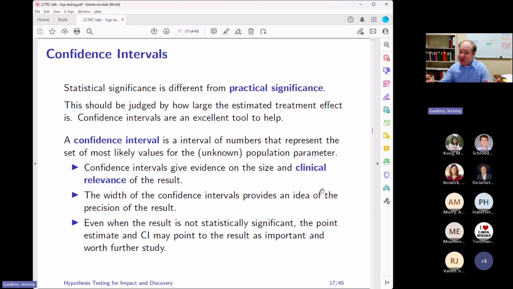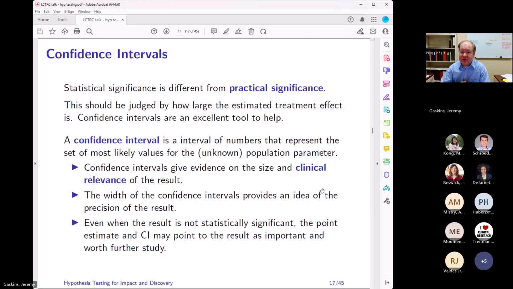It's the interval of numbers that represent the set of most likely values of our unknown population parameter. I've got a population parameter that I don't know the value of. My hypothesis test is testing whether that population parameter takes some particular value. Again, in our case, testing the null, whether delta is equal to 0.